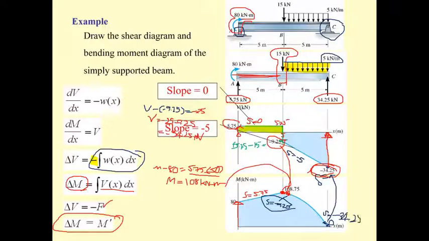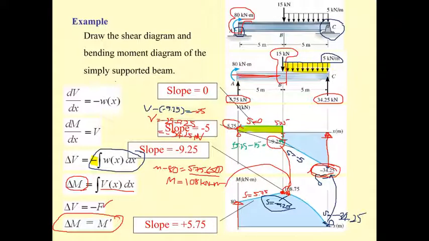So the curve is going to be curved downwards like this. Okay, that is the slope for the segment AB, and this is the slope at B, and this is the slope at C.